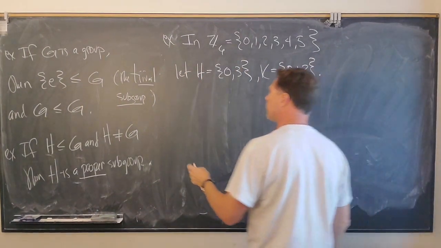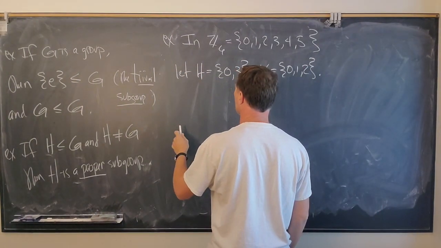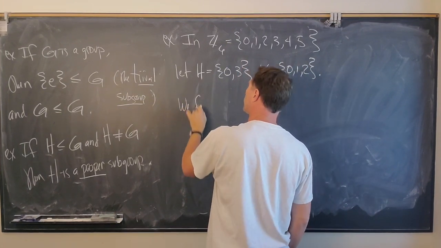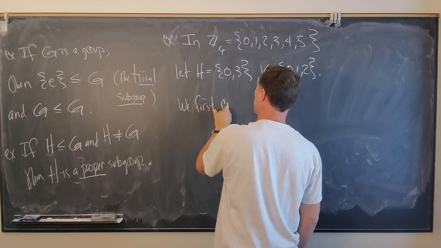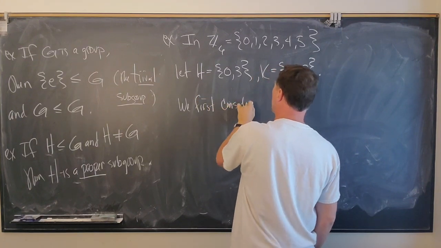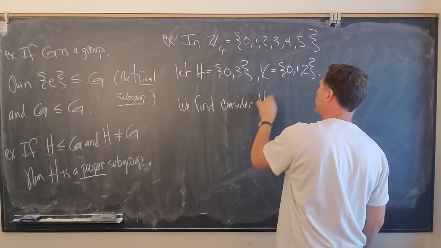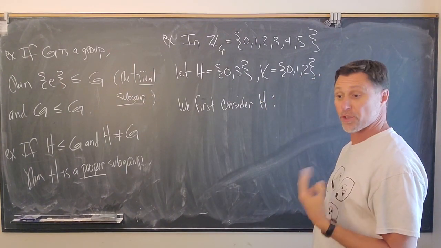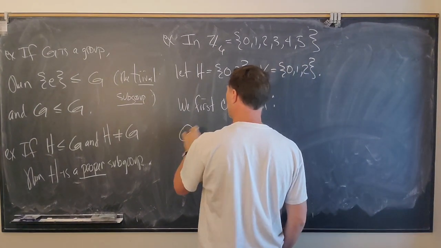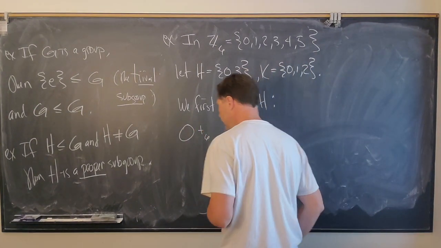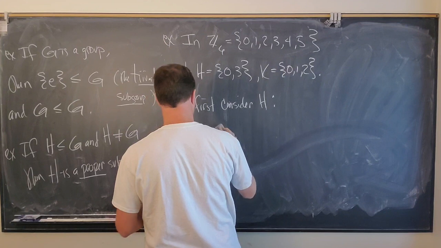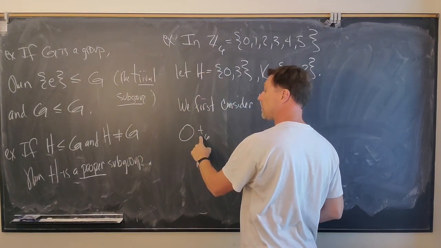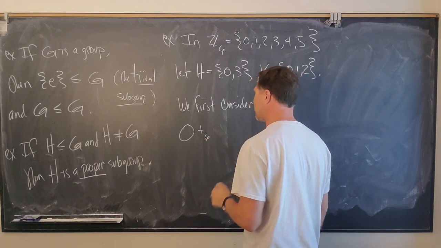And so let's first look at H. I want to consider each of these separately. So we first consider H. Now, it should be clear that H is closed under the operation, but there's three things to check. Remember, the operation in Z6 is addition mod 6, so I'm using a plus sub 6.